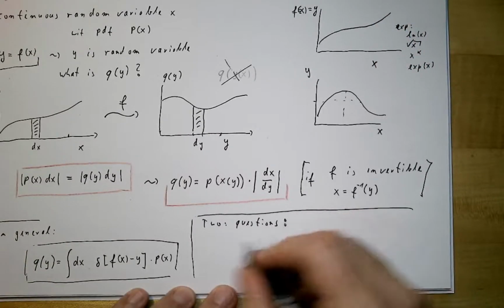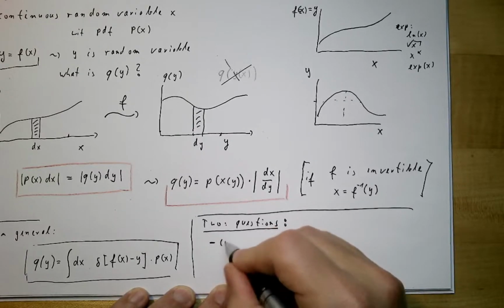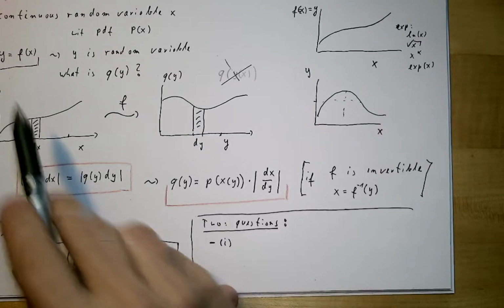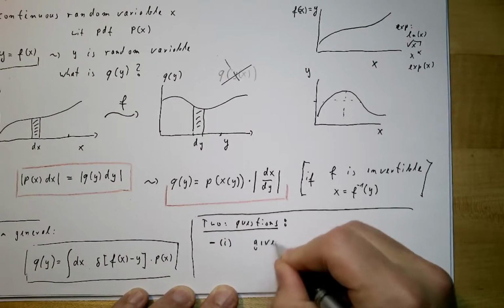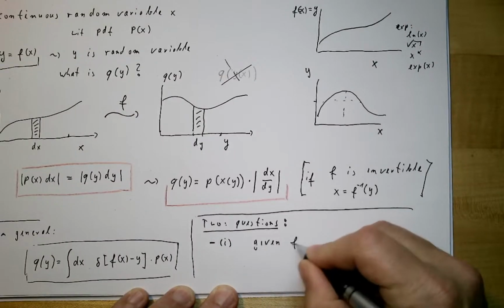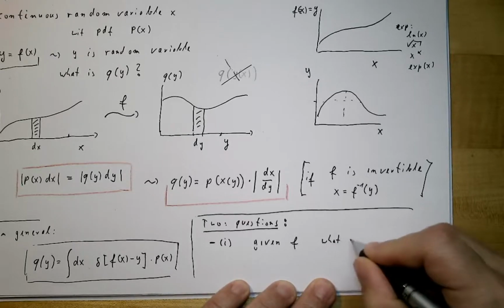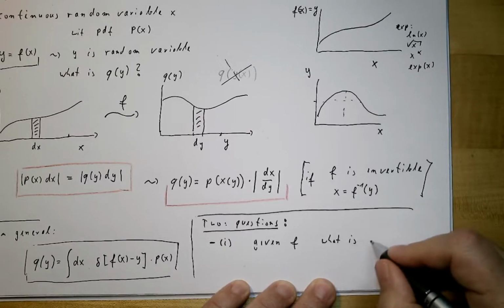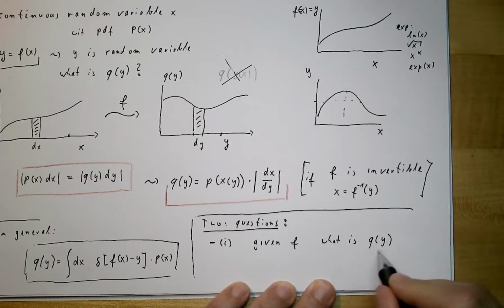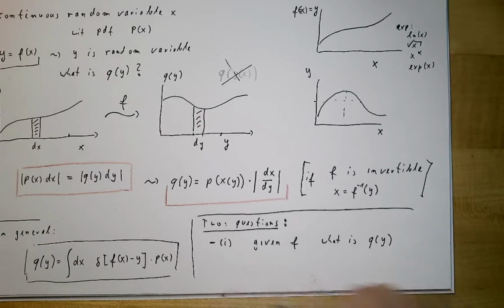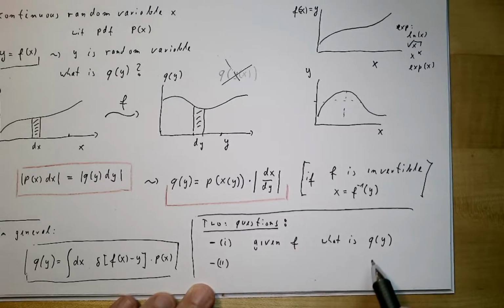The two questions that can be asked are, maybe we call this problem 1, expressed like this: we have given our function f, and then we ask what is our transformed distribution y.